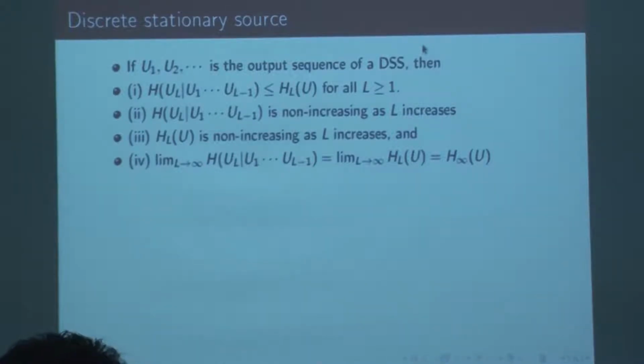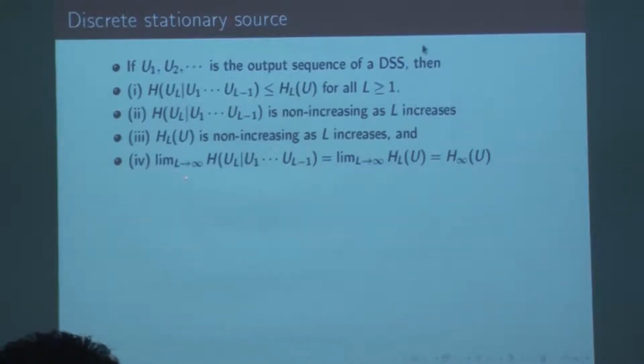What do we mean by non-increasing? Basically, as L increases, H of U_{L+1} given U_1, U_2, U_3, ..., U_L will be less than or equal to H of U_L given U_1, U_2, U_3, ..., U_{L-1}. Similarly, the uncertainty per letter is also non-increasing as L increases.